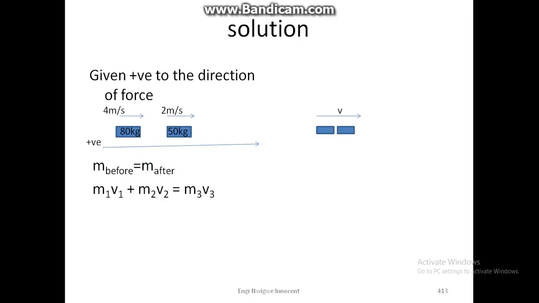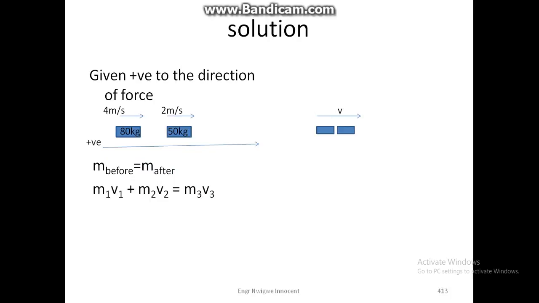Mass m1 of the first lorry times velocity of the first lorry, plus mass of the second lorry times velocity of the second lorry, is equal to mass of the two lorries times the velocity of the final lorry.